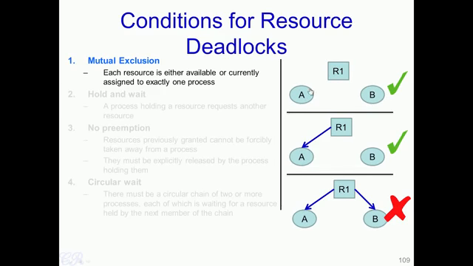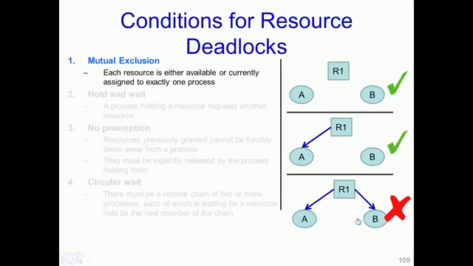This is fine, while this is also fine, where the resource is allocated to exactly one process. But in order for deadlocks to happen, this kind of scenario should not be present, that is, the resource cannot be shared between 2 processes A and B.